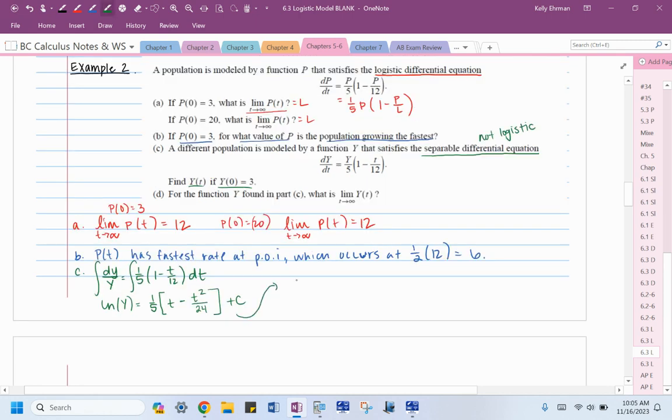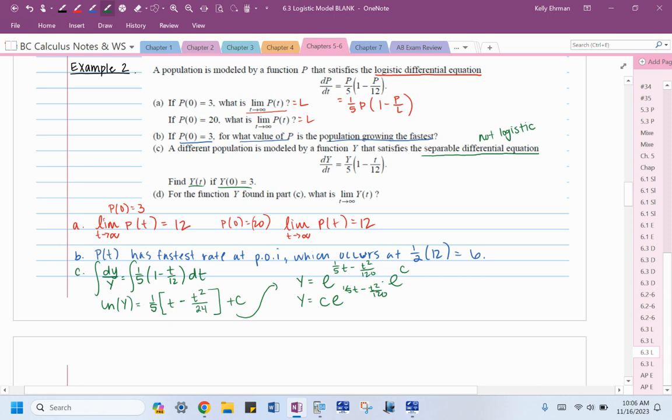I guess that might make it easier. Base e both sides. So y equals e to the 1/5 t minus t squared. 5 times 24 is 100 plus 20, so 120, times e to the c, right? So y equals c, e to the 1/5 t minus t squared over 120.